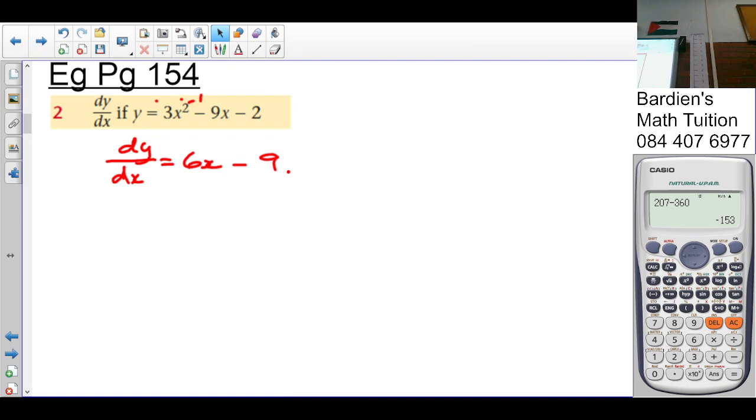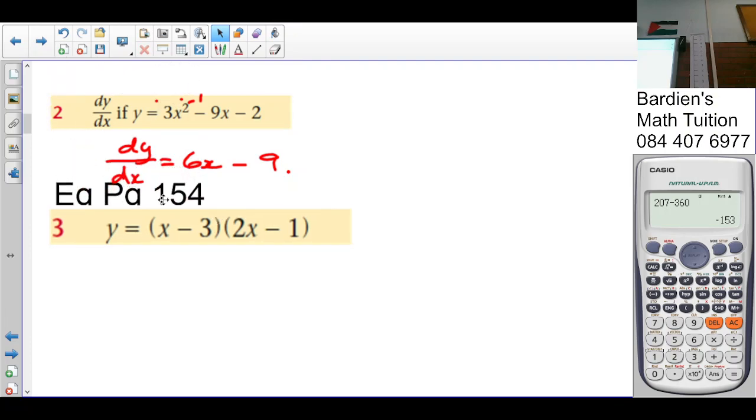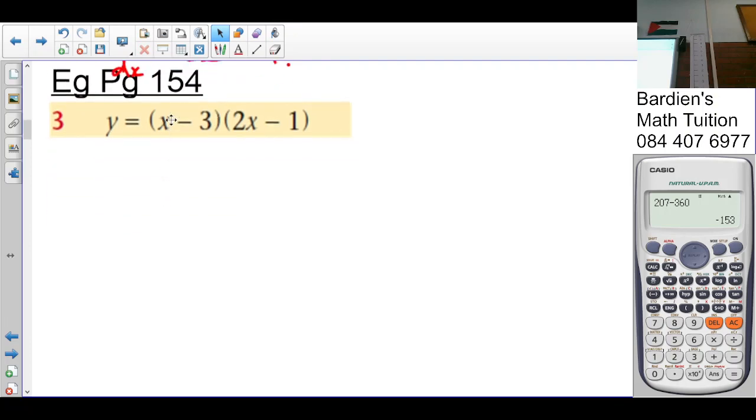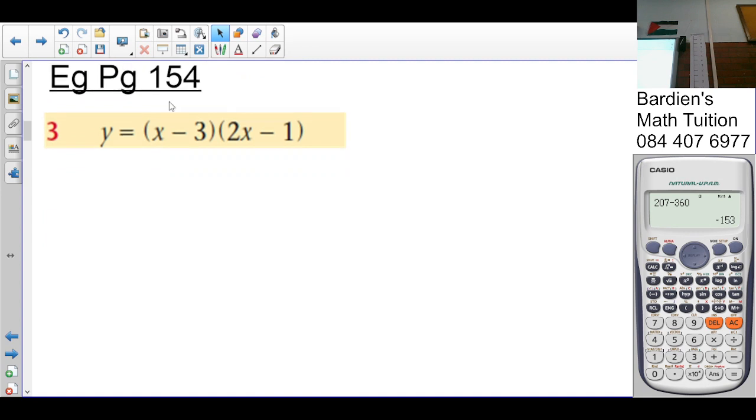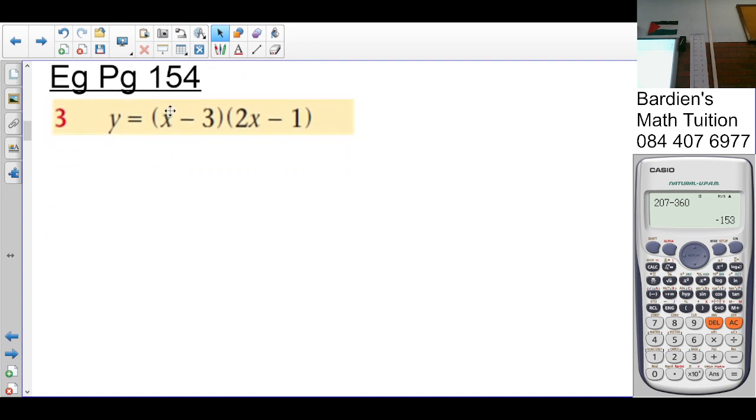So anybody that's confused? Number 3. Can I apply the derivative like it stands here? What do we have to do first? Multiply it out, okay?